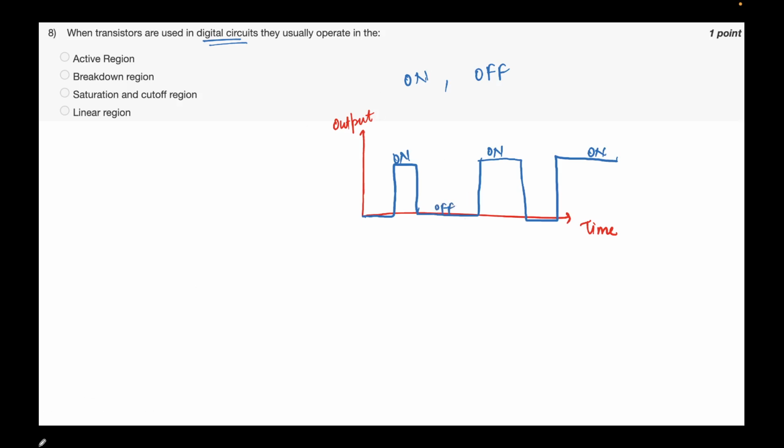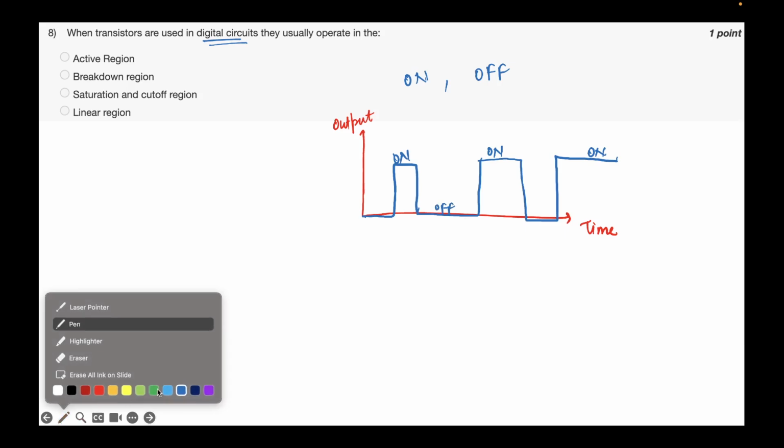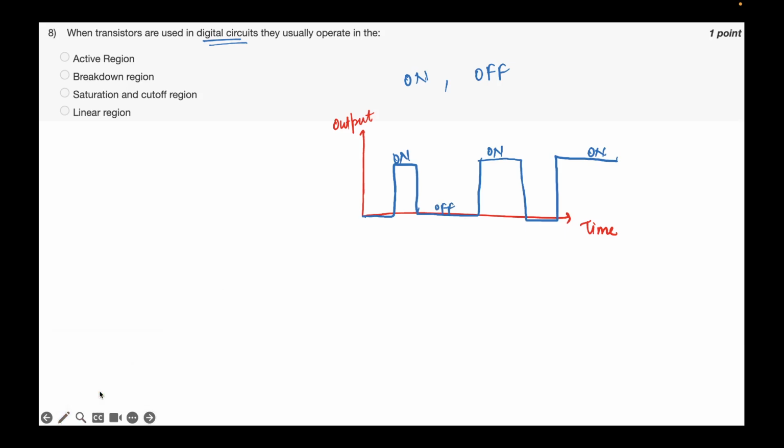I've written output here, but essentially what we are measuring in electrical circuits are voltages and currents. So this will have a certain voltage, let's say we call this V on, and let's say we call this V off. I've set it to be 0, right? But a certain voltage level will correspond to the off state.